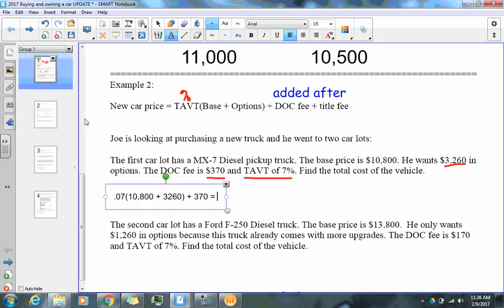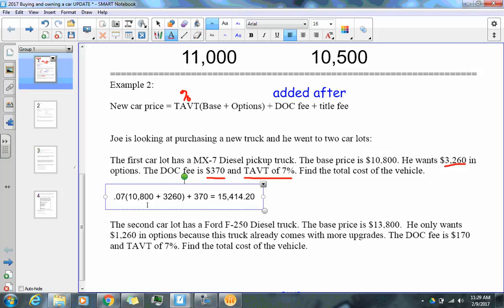When I do that, I get $15,414.20. Now I already see a problem. I should have cleared up this typo before the problem, but I didn't. If I take 7% and multiply it by this, I'm not going to get the right answer.